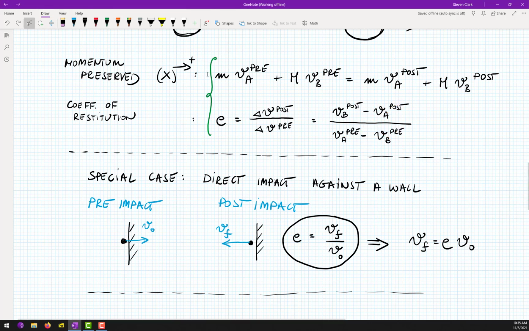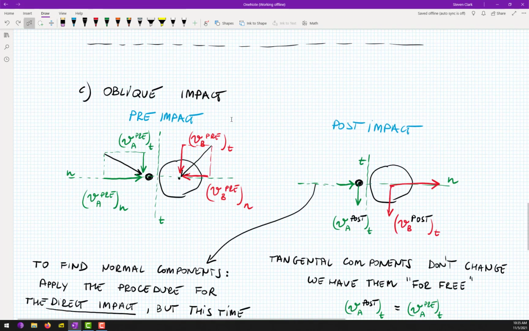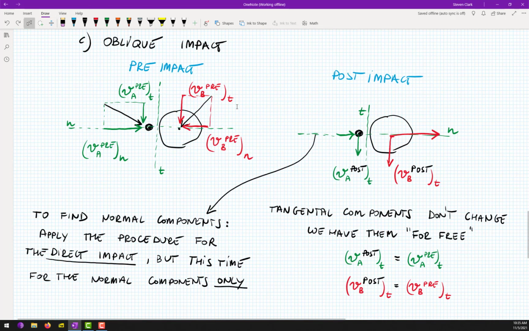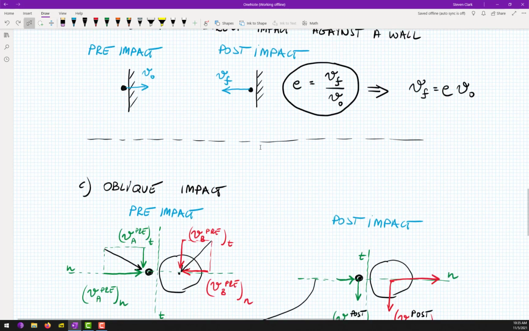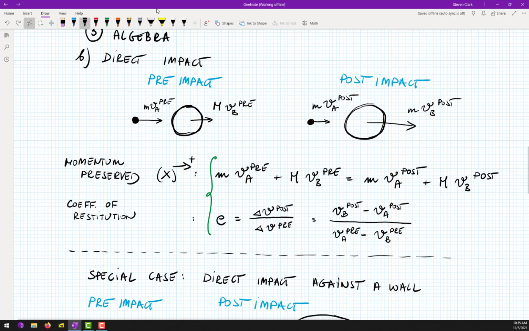Okay, and for dessert, we left oblique impact. We talked about it last time, on Wednesday. So I'm just going to repeat exactly what I said to you 2 days ago. In direct impact, these velocities are aligned, yes? We have all the motion happening along this direction.